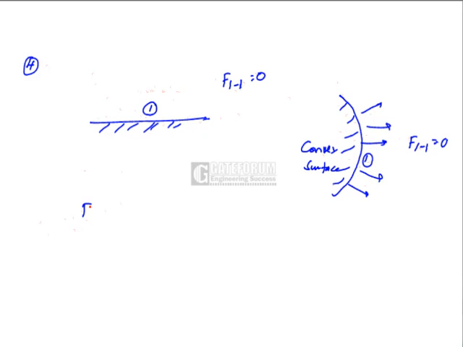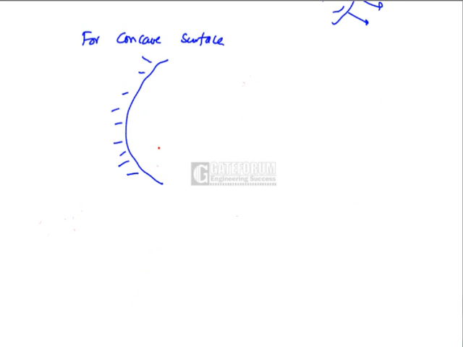But for a concave or curved surface like this, with the inner side as surface 1, some of the energy leaving 1 shall be intercepted by the same surface.